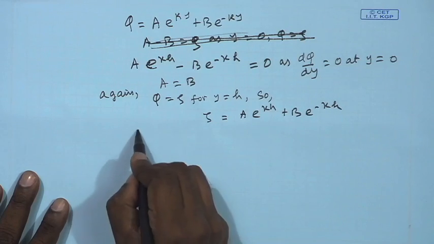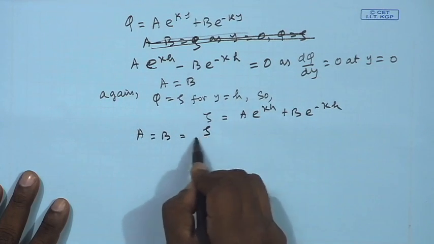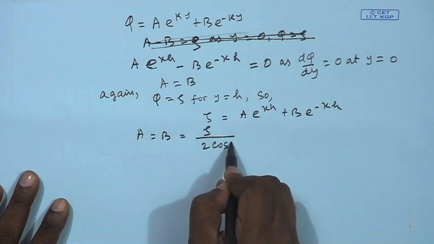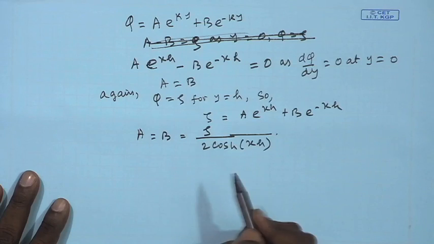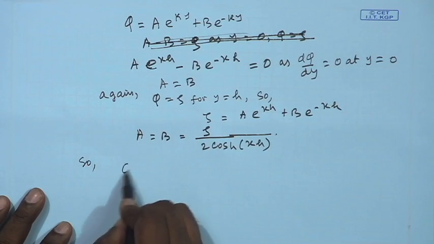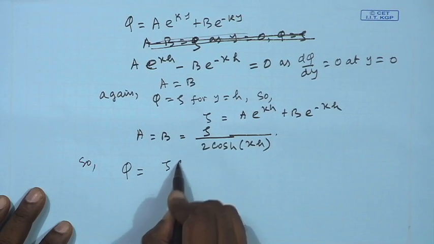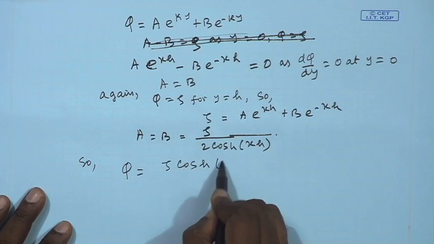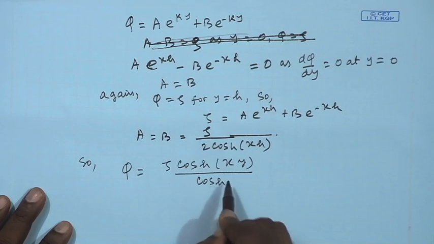This gives A equal to B equal to zeta by 2 cosh kappa h. Now if I substitute, phi becomes zeta cosh kappa y by cosh kappa h.